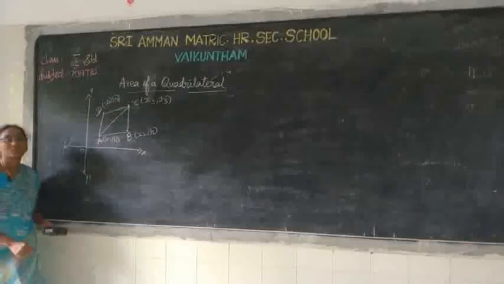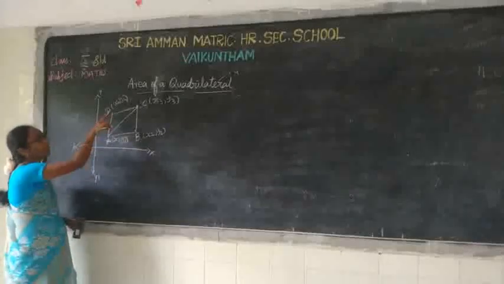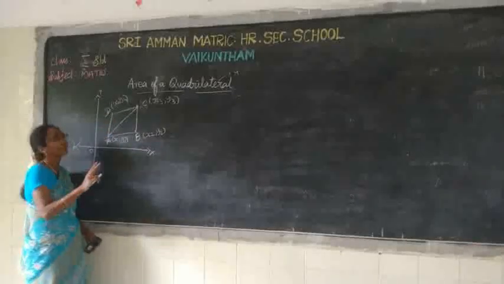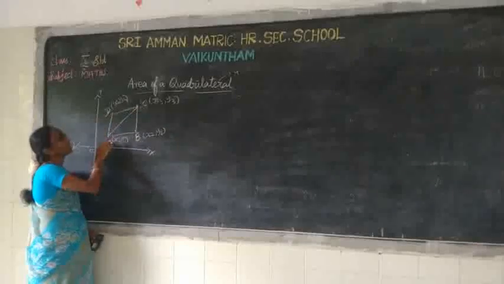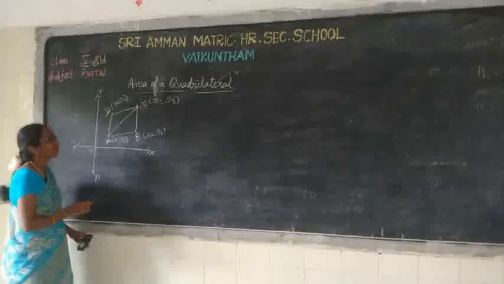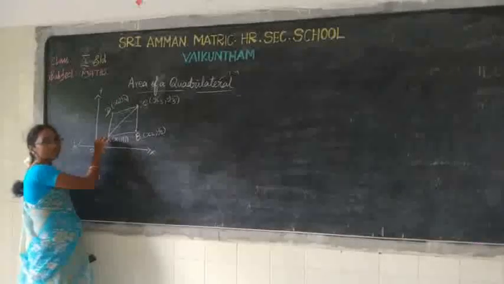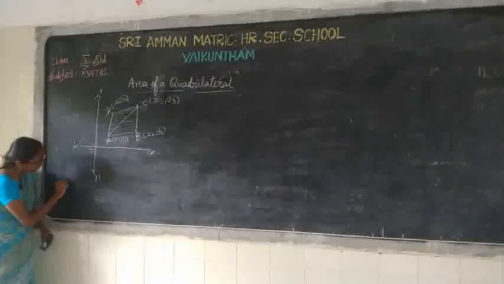Do you understand what I am doing? The quadrilateral contains 2 triangles, ABC and ACD. Now we want to find the area of quadrilateral ABCD.